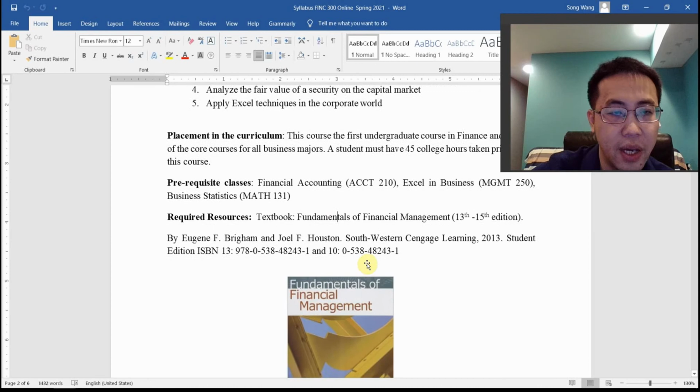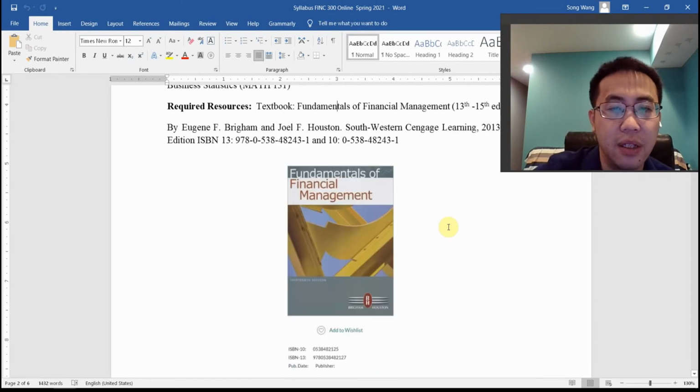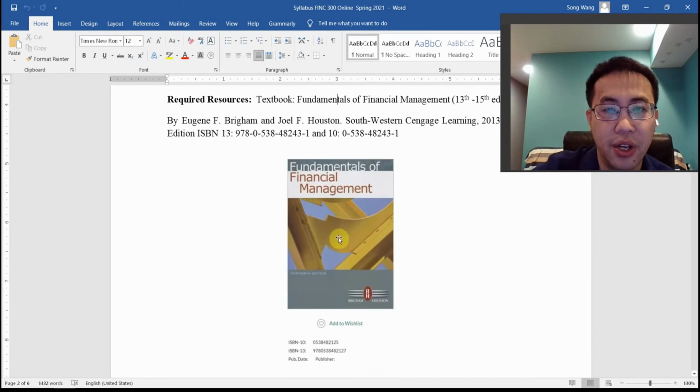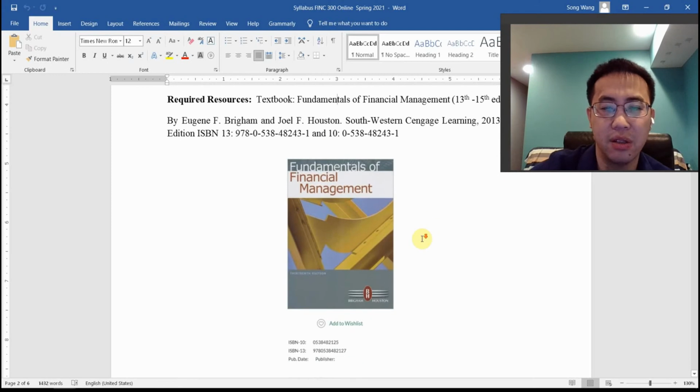questions. Okay, right here is your textbook. It is called Fundamentals of Financial Management, either 13th edition or 14th or 15th. I basically don't care. So right here is the 13th edition. I'm not sure how much it's sold at. I think the price online is like $10, so it's pretty cheap.